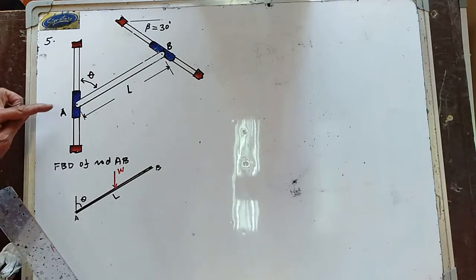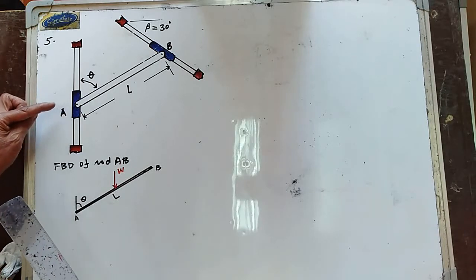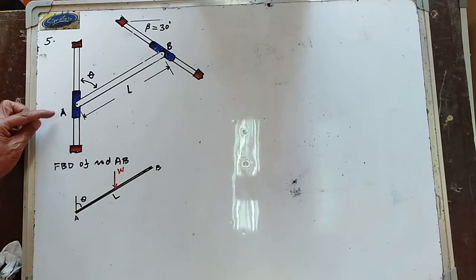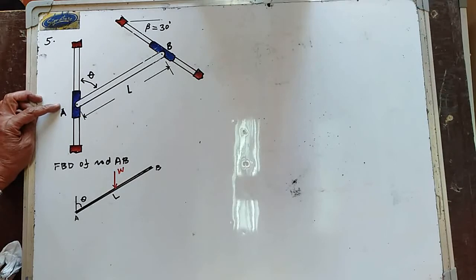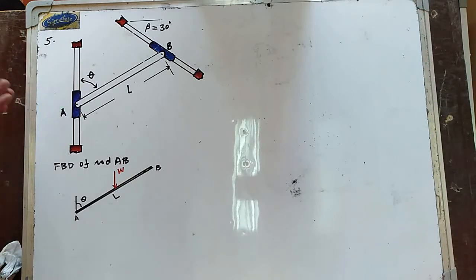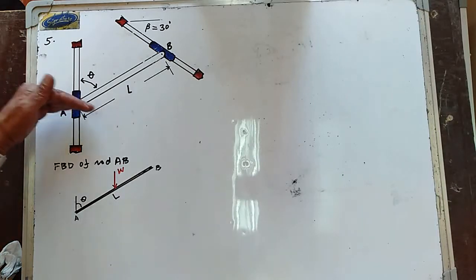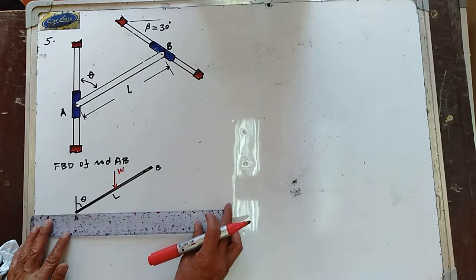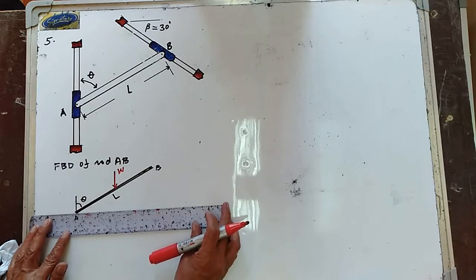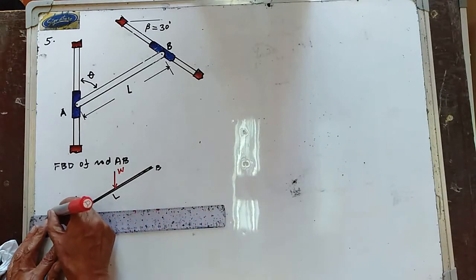So we have the reaction at point A. Take note that if you go back to the common types of supports and reactions, this is a member pin connected to a collar on a smooth rod. And therefore, the reaction is perpendicular to the smooth rod.